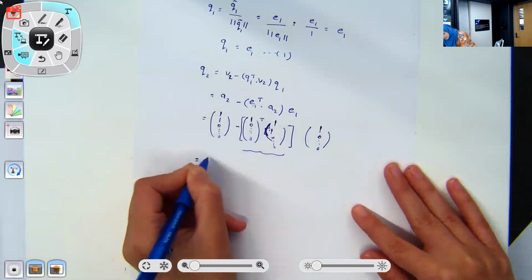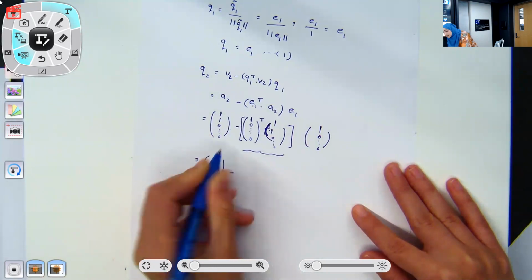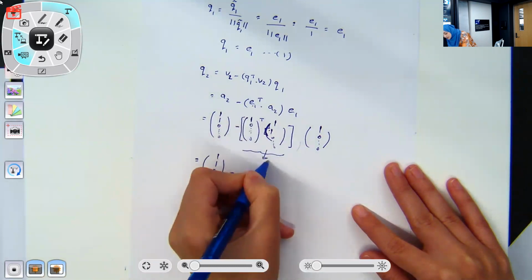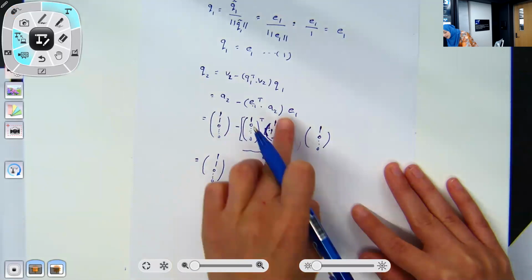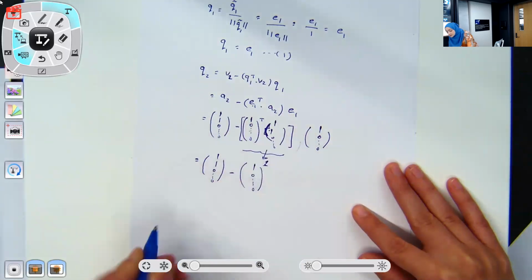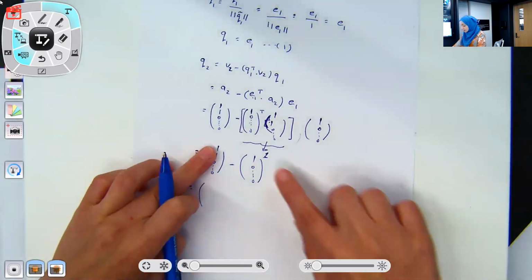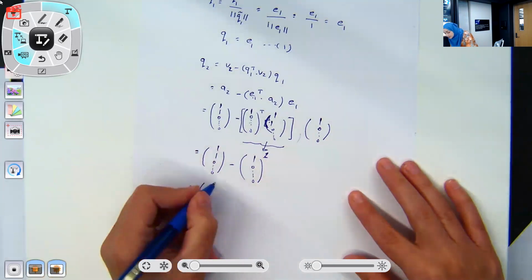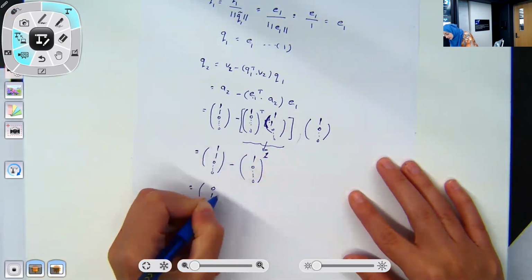So here we have 1, 1, 0, and the rest is 0, minus this multiplication, which is just 1, multiplied with E1, which is 1, 0, and the rest is 0. If we subtract, 1 minus 1 is 0, 1 minus 0 is 1, and the rest is 0.